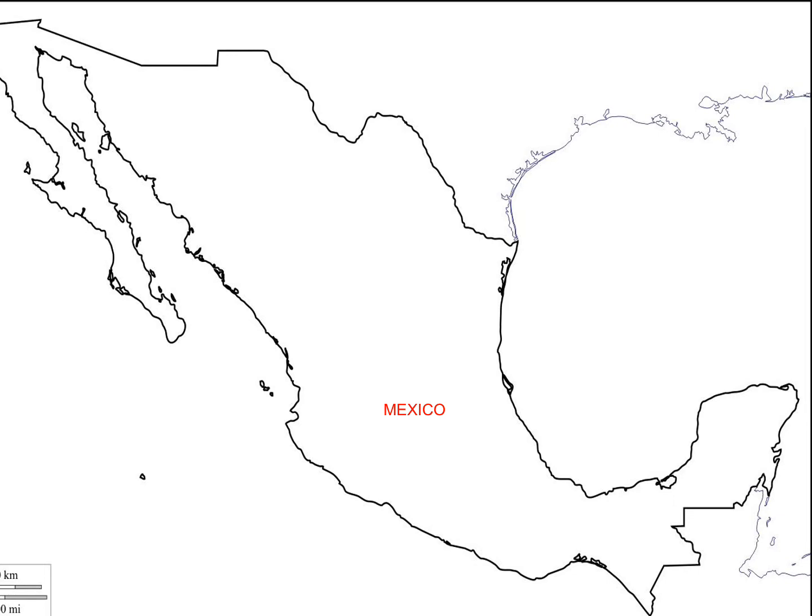1910, we are just at the end of a long-lasting dictatorship by a man named Porfirio Diaz. And in 1910, he has just authorized land seizures from both indigenous communal farmers and small farmers who didn't have the money or the clout to resist.